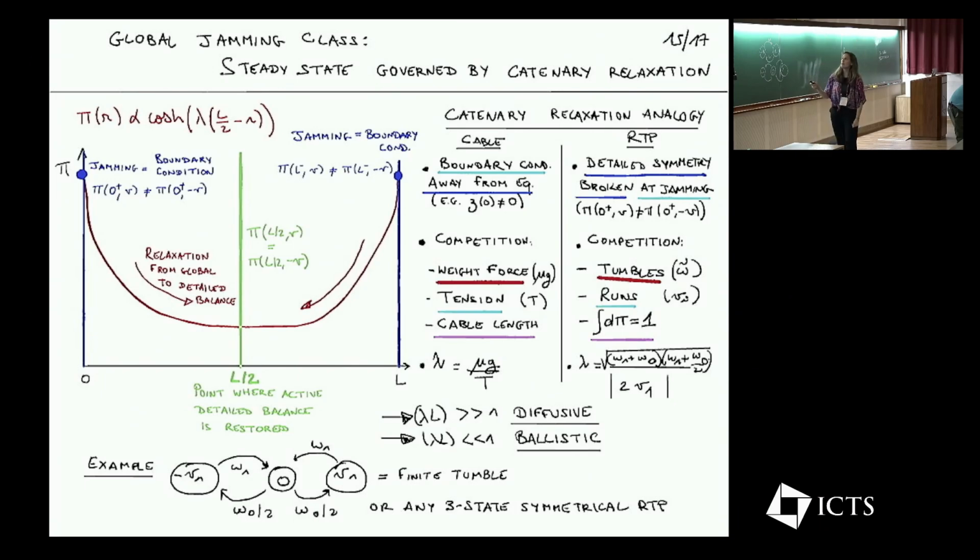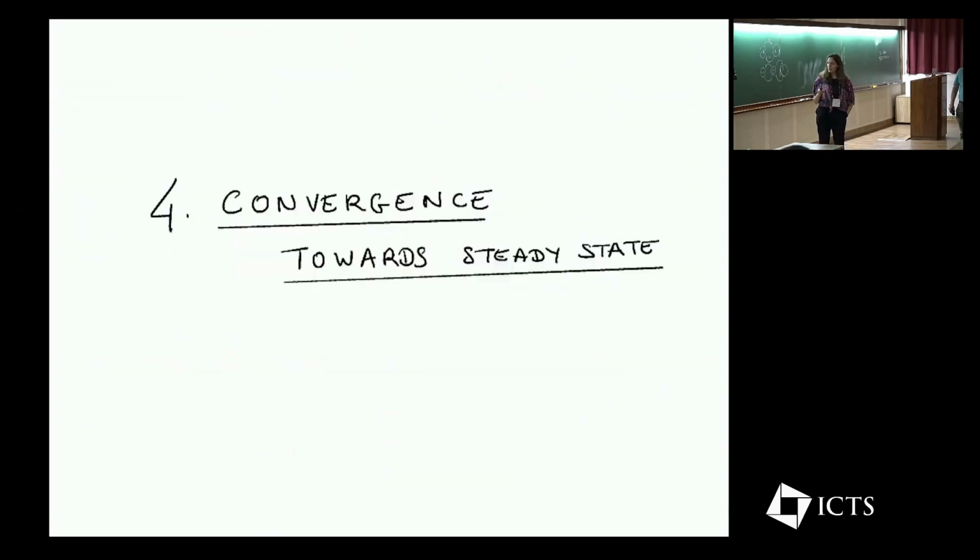And here it is the same thing for this probability distribution. It's like the tumbles or the weight force that want the distribution to relax to this uniform distribution. But because it is a probability distribution, it is normalized to 1, and it acts as some kind of rope length. And then the runs can be understood as some tension. And I'm going to finish there.